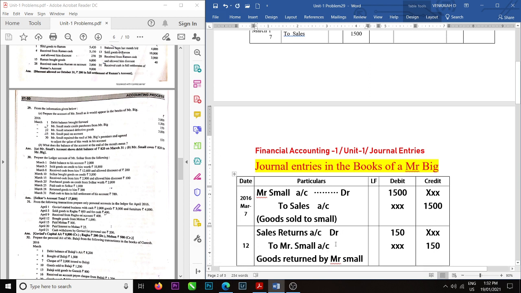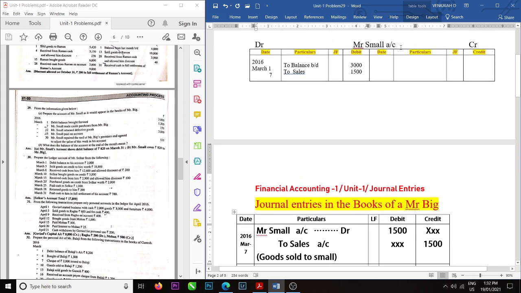In Small account, you have to write by sales returns. 2016, March.